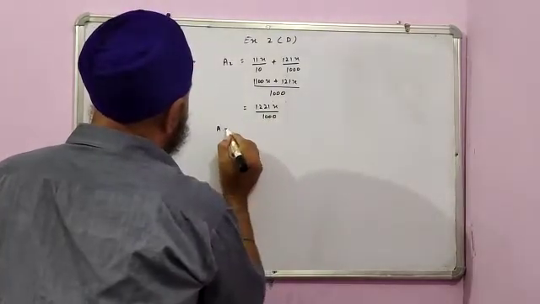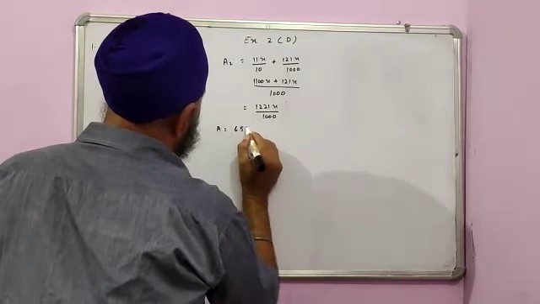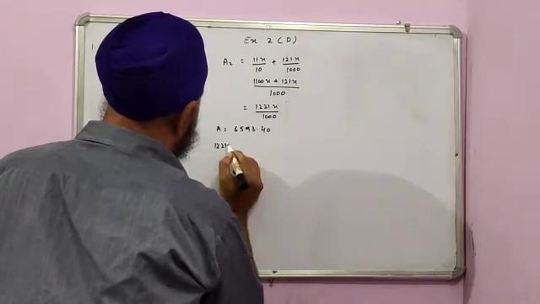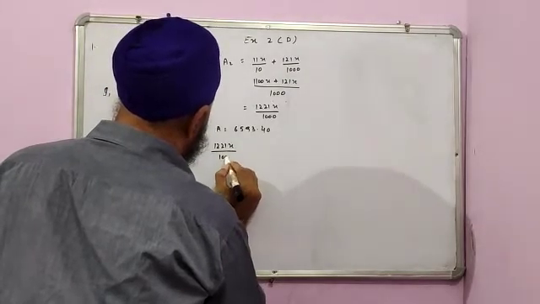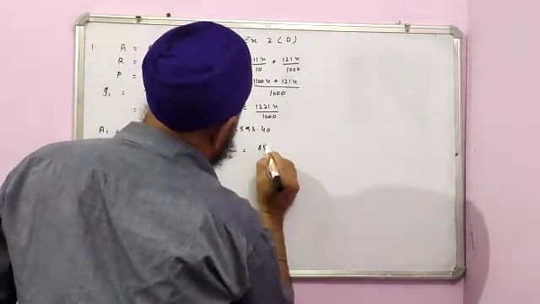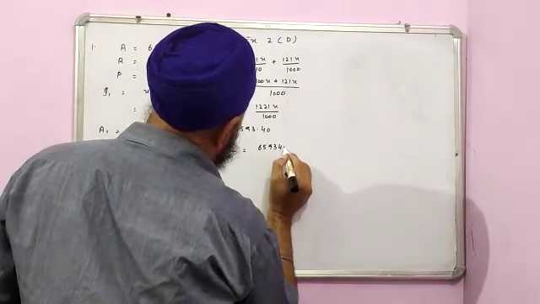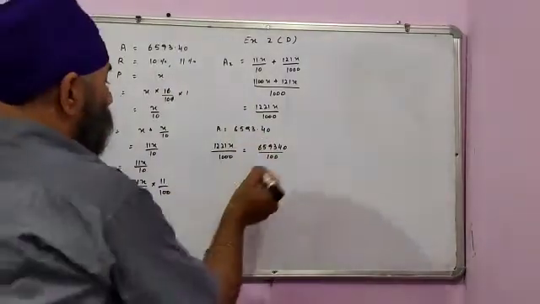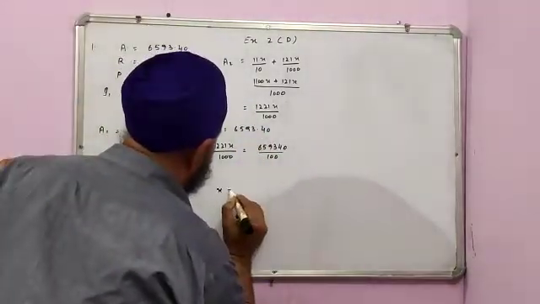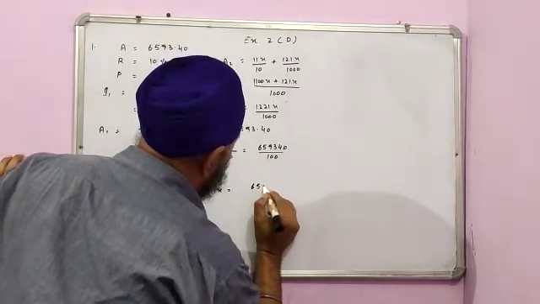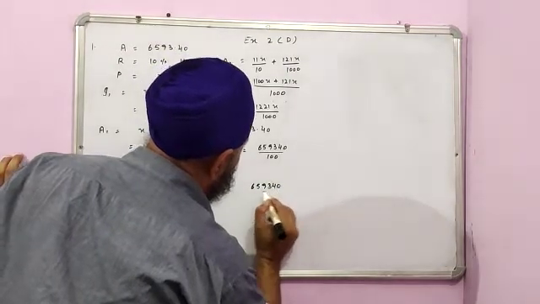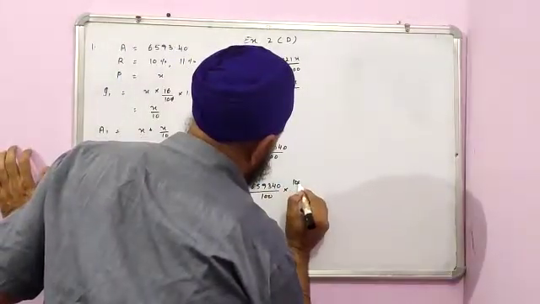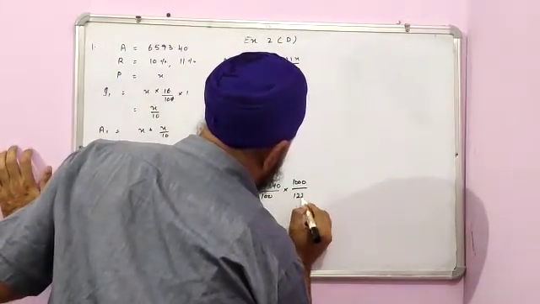Now amount is given as 6593.40. It means 1221x upon 1000 is 659,340 upon 100. I remove this decimal and make it upon 100. So x is equal to 659,340 upon 100 into 1000 upon 1221.